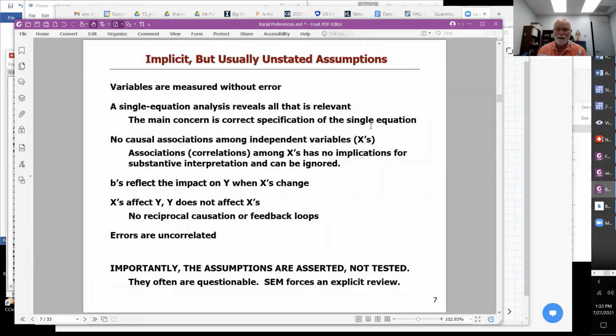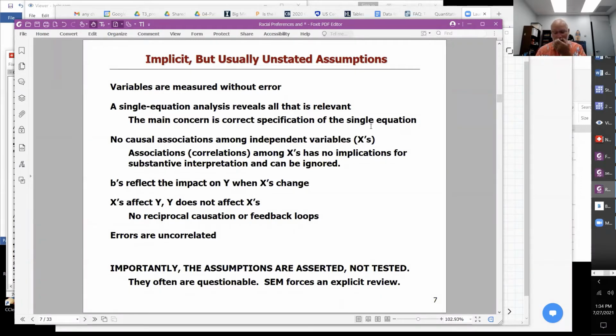The variables in the analysis are measured without error. Okay, well, that's kind of a big hardy har. Nobody, if forced to, in front of their dissertation committee or an audience of professionals, would say that the measures in your data set are all without error.